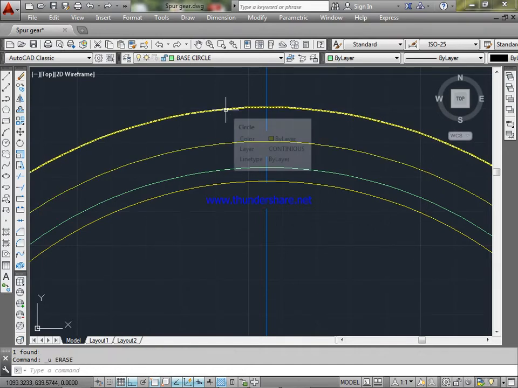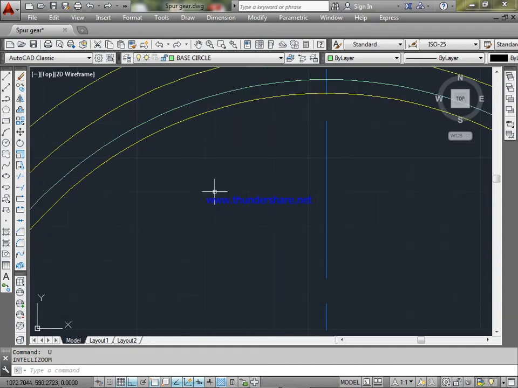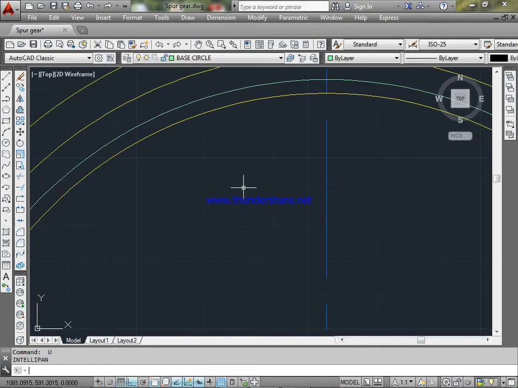This is the addendum circle. This is the dedendum circle. This is the base circle for drawing the profile of the gear.